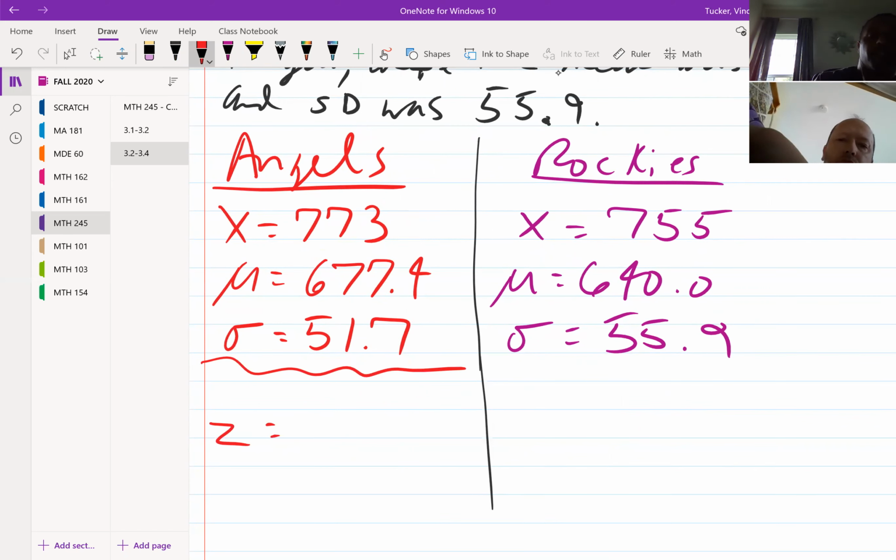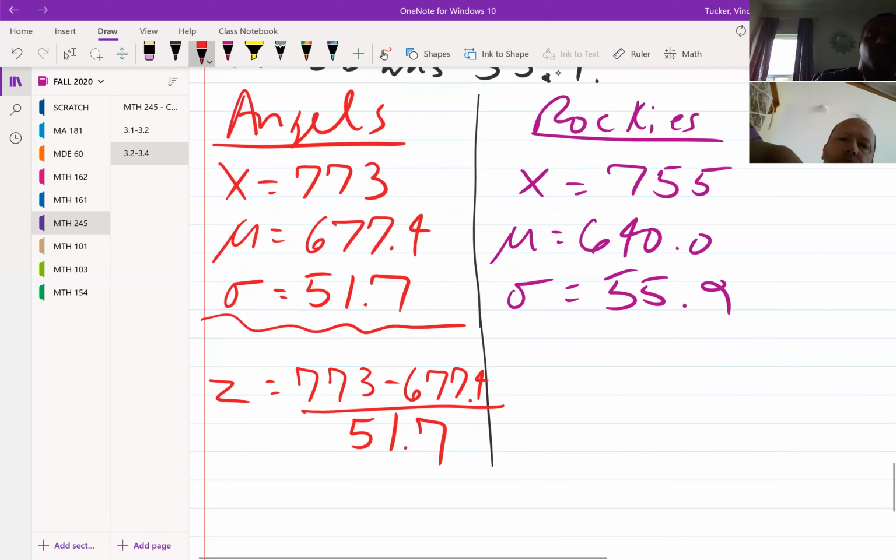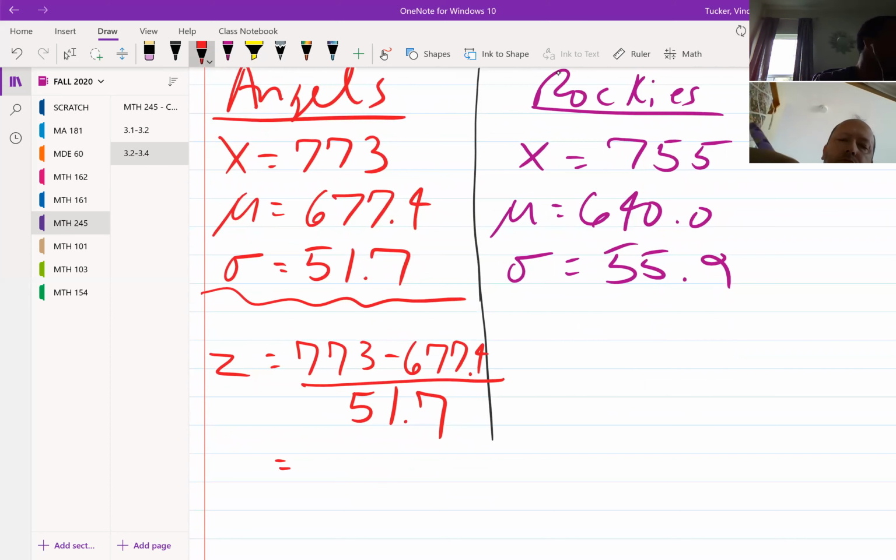All right, so to calculate the z-score, we do 773 minus 677.4 divided by 51.7 for the Angels. And that should be 1.85.